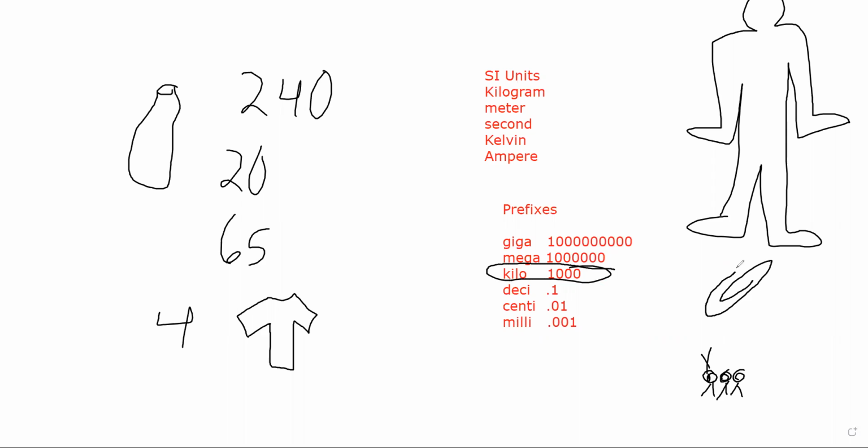And then for distances, it makes sense to measure some things in meters, but for other things, for example, the width of a fingernail, that makes more sense in something that's about 1/1000th of a meter.